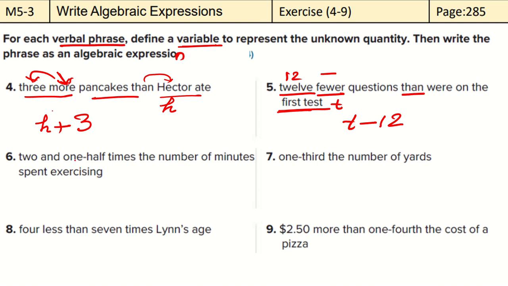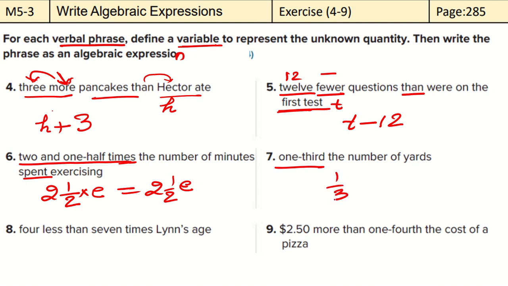Okay. Now here, 2 and 1 half times the number of minutes spent on exercise. Times means multiply, exercise means E, I am taking the letter. So its answer will be 2 and 1 half E. Okay. Now one third the number of yards. One third means 1 over 3.